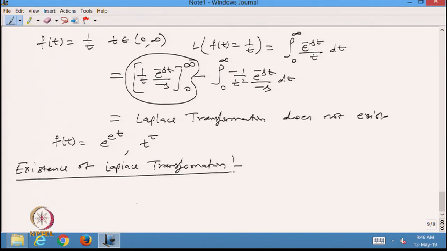So, before going to the existence of the Laplace transformation, we want to define two terms.